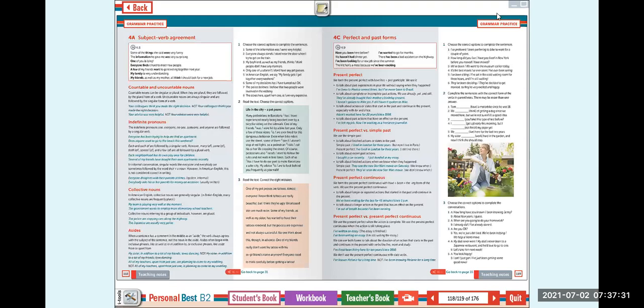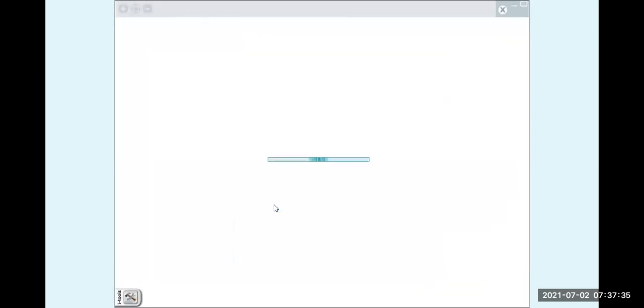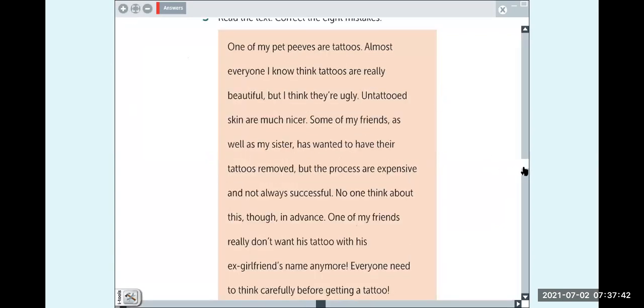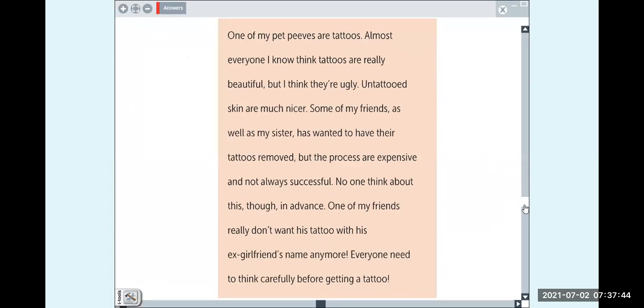Exercise number 3. We are going to do 3, okay? Read the text and correct the 8 mistakes. What do you think about this one? One of my pet peeves are tattoos. Do we have any mistakes until here? No?